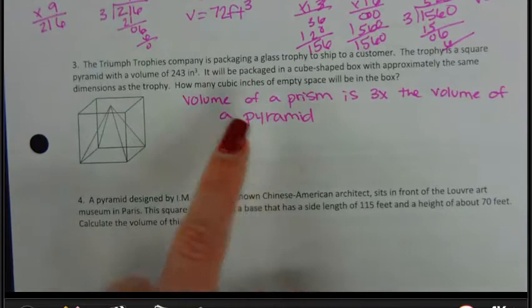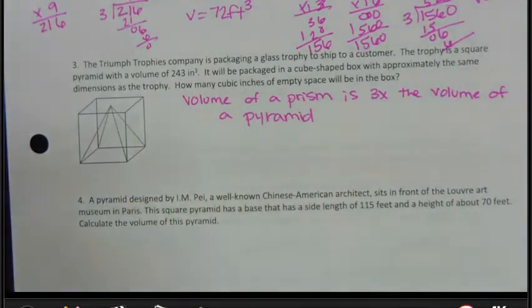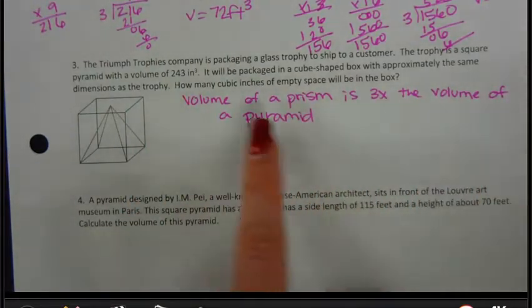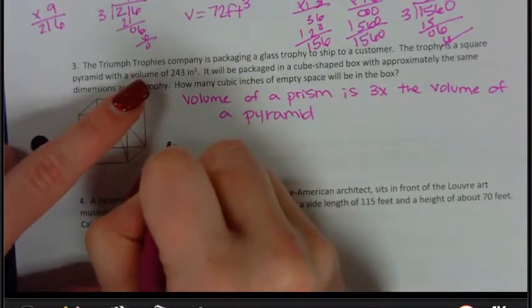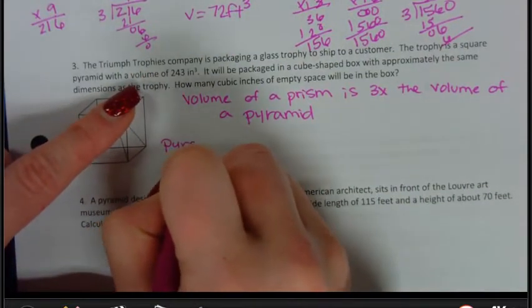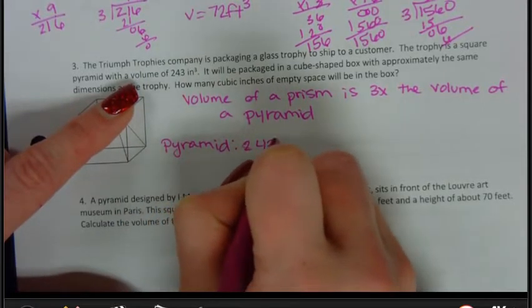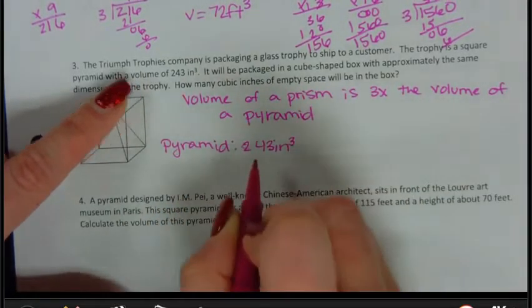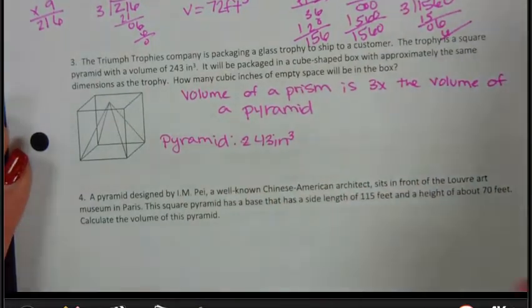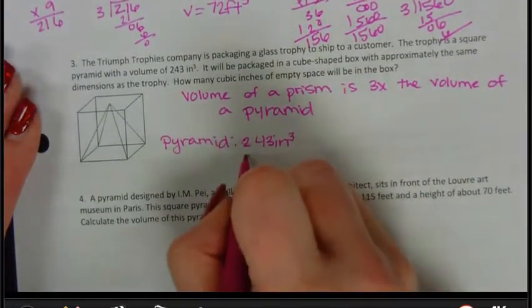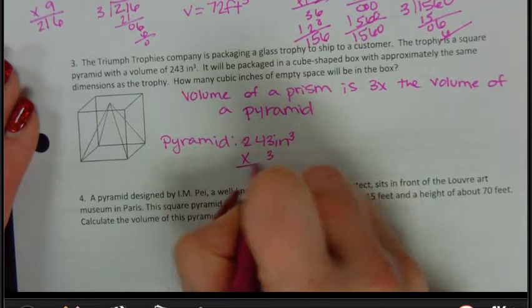So my pyramid is 1/3 the volume of my prism, or my prism is 3 times the volume of a pyramid. So if I know the volume of my pyramid, 243 inches cubed, I need to multiply it by 3 to get to the volume of my prism. So I'm going to do 243 times 3.